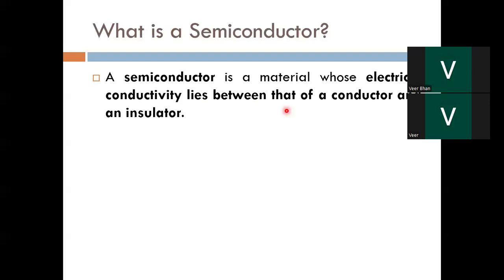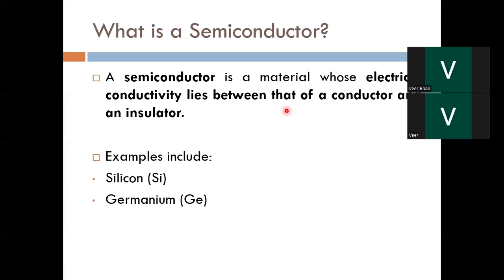So the first question is, what is a semiconductor? As we know, a semiconductor is a material whose electrical conductivity lies between that of a conductor and an insulator. It means that a conductor has higher conductivity, an insulator has lower conductivity, while a semiconductor has conductivity in between them.